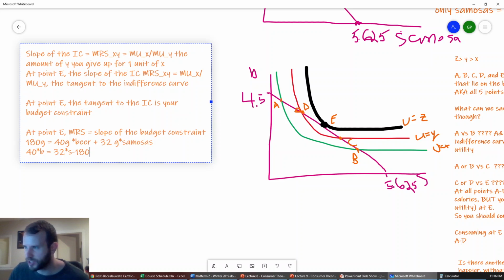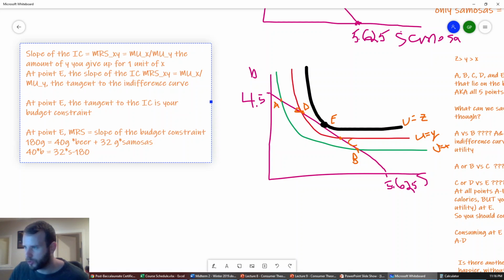I'm just rearranging this. Since beer is on the y-axis, I want this in slope-intercept form. The y-axis good is b, and s is going to be the x-axis good. So the coefficient of the amount of samosas is going to be 32, and then this is going to be your constant of 180.